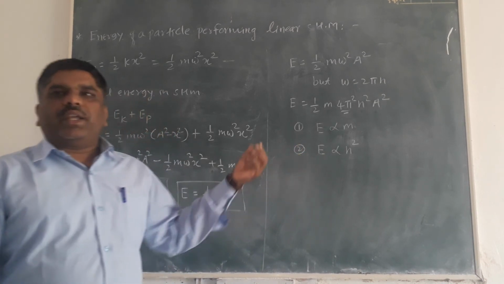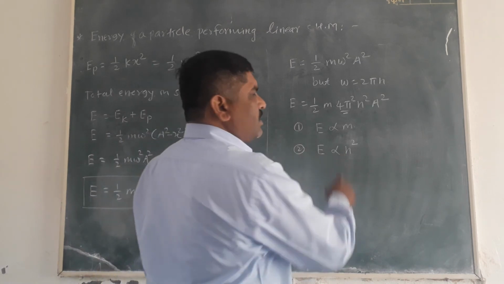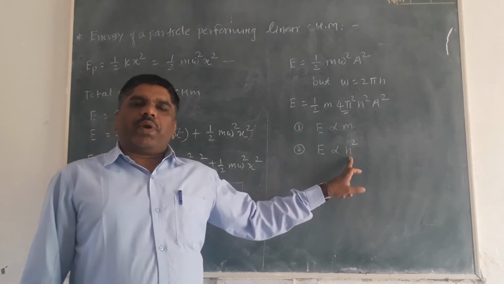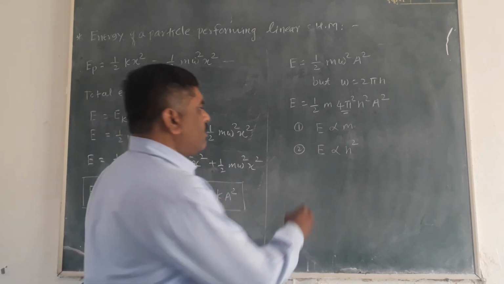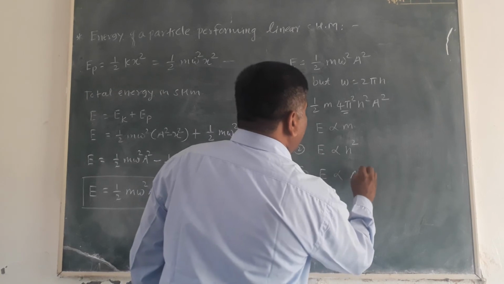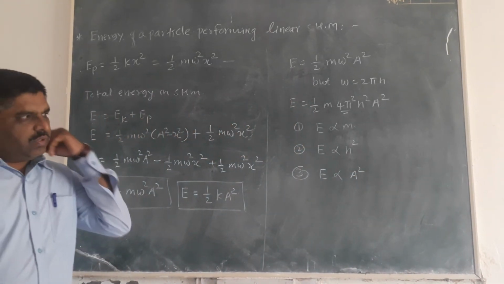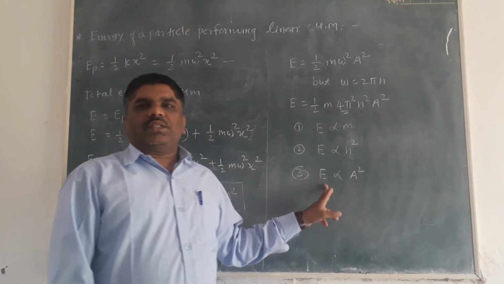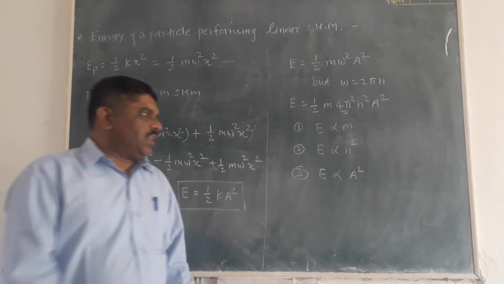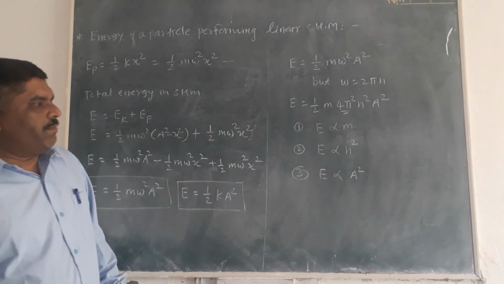Total energy in simple harmonic motion is directly proportional to square of frequency. Number 3, this energy is directly proportional to square of amplitude. The total energy of particle in SHM is directly proportional to square of amplitude.